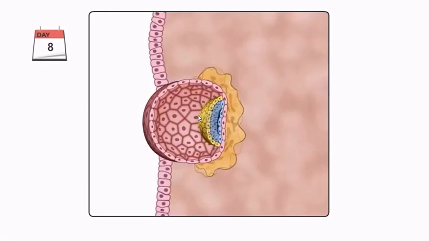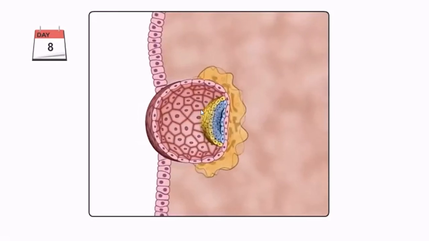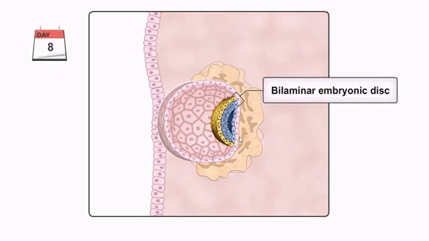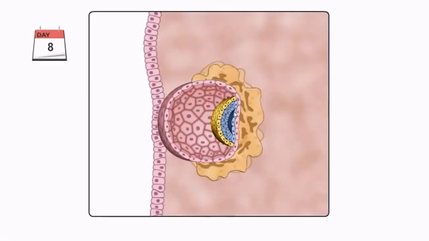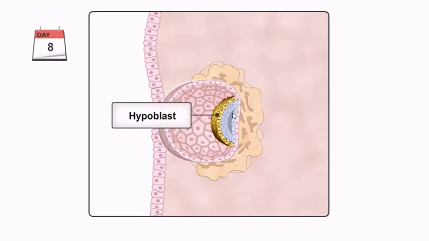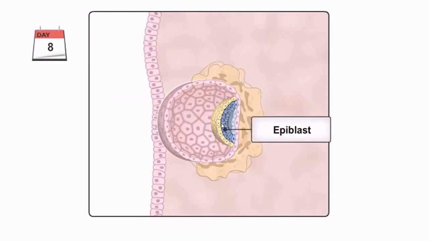Don't confuse these with ectoderm and endoderm. It has a lot of correlations, but it's not the same. Together, the epiblast and hypoblast form the bilaminar embryonic disc.